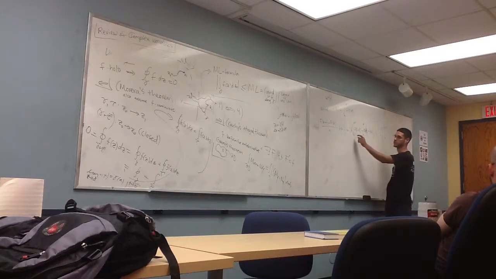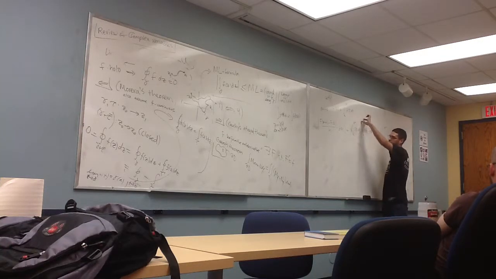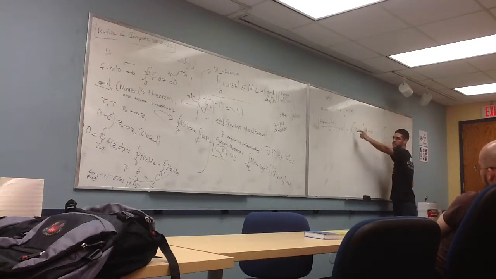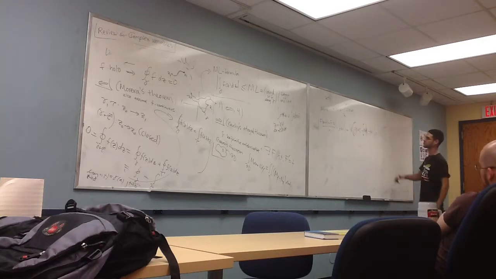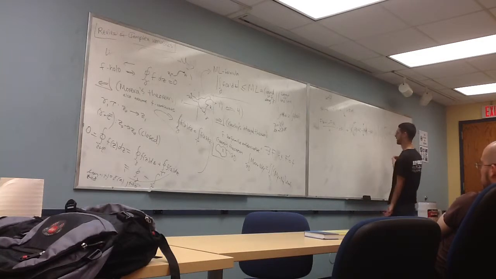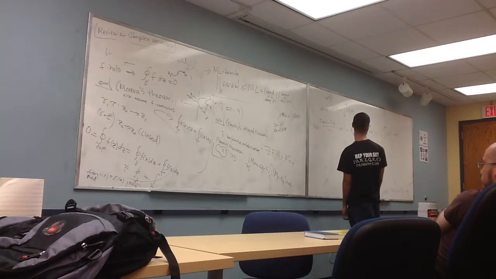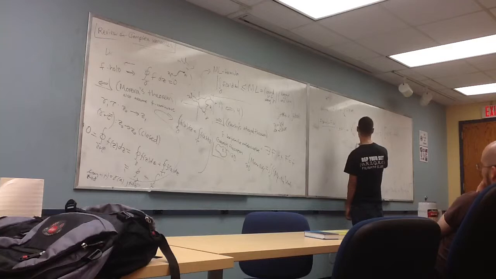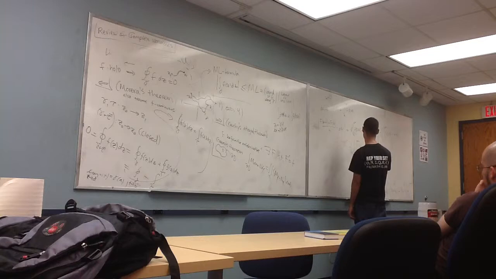I'm doing z0 to z, then adding a little vector h, but I'm taking the whole z0 to z off, so it's just z to z plus h. And this is less than or equal to 1 over the absolute value of h times the integral from z to z plus h.